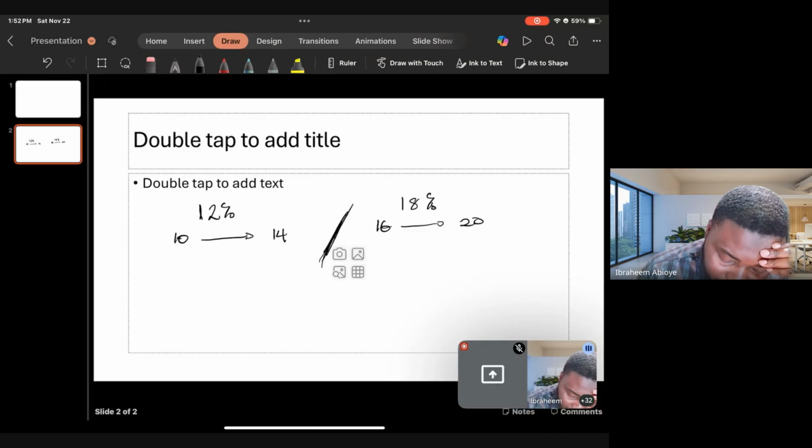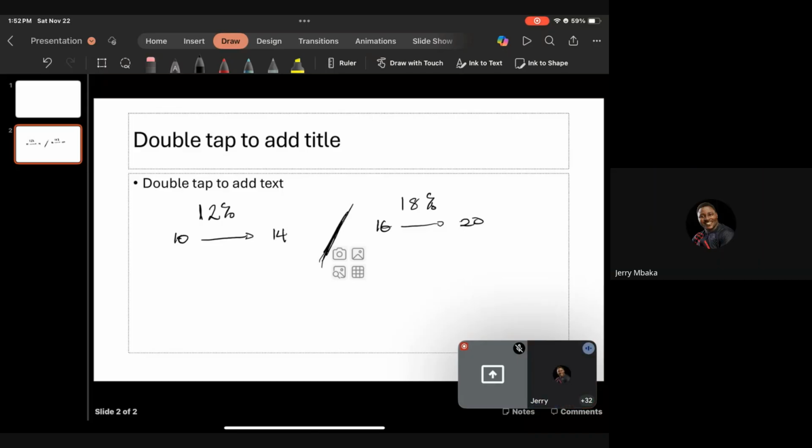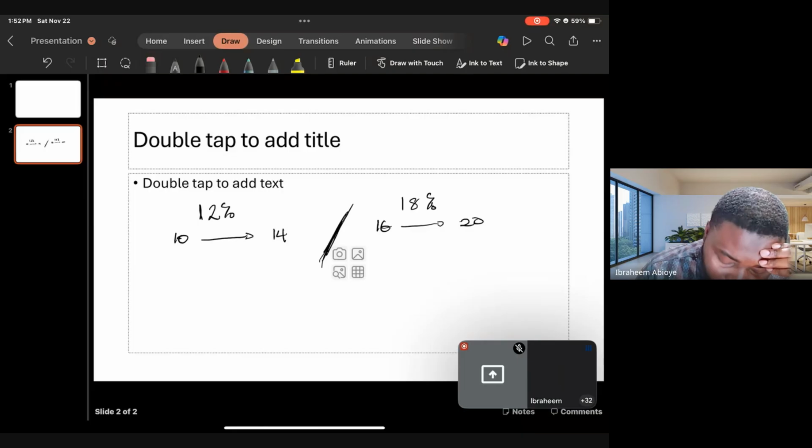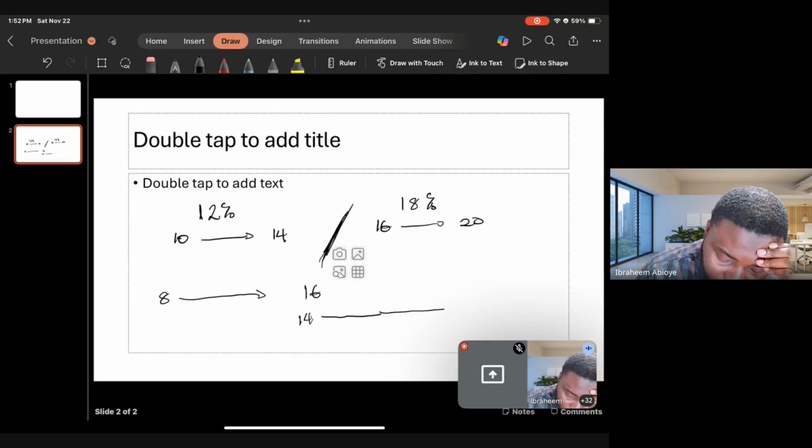There's space here. But if you have a confidence interval that goes from 8 to 16, and you have a confidence interval that goes from 14 to 22, there's overlap.